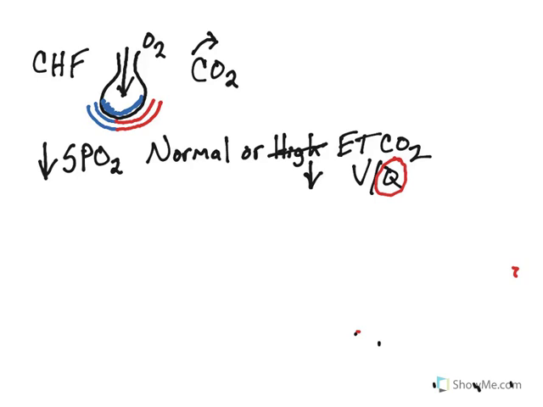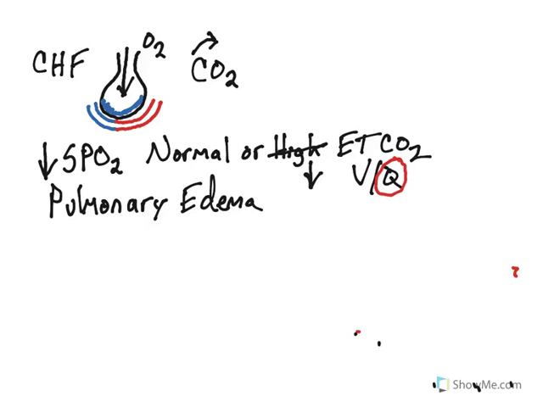Well, in what way do these patients usually present? Usually what we've always classically thought of with our CHF patients is that they present with pulmonary edema. And that is true. For the majority of our CHF patients, we see pulmonary edema.